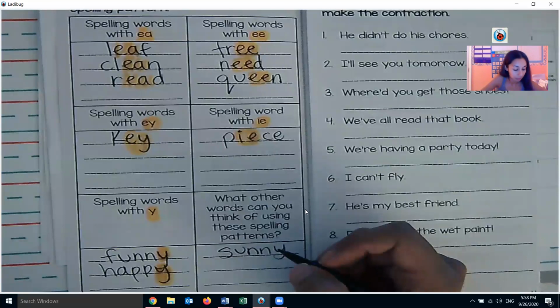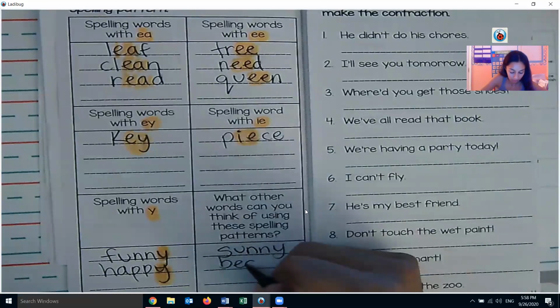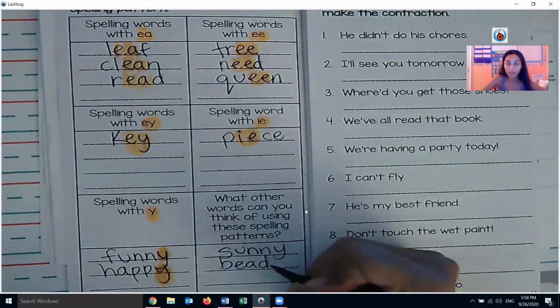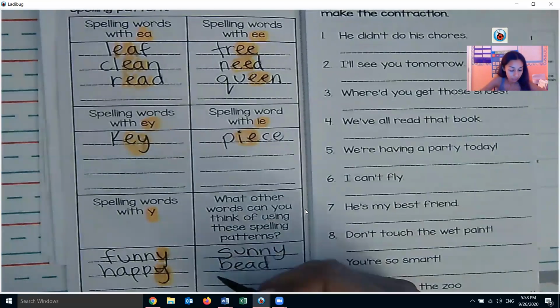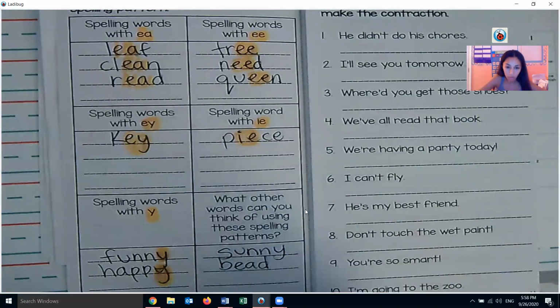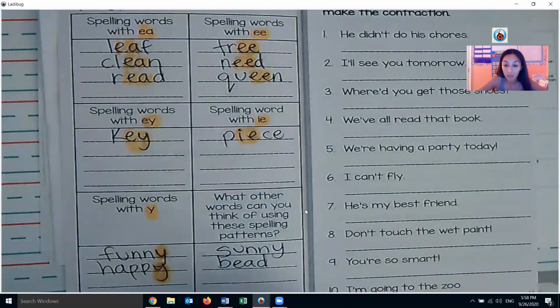Leaf, clean, read, ooh, maybe like a bead. Tree, need, queen, peace. Okay. So I'll write those two there, but if you can think of any long E words, that's where they could go here.